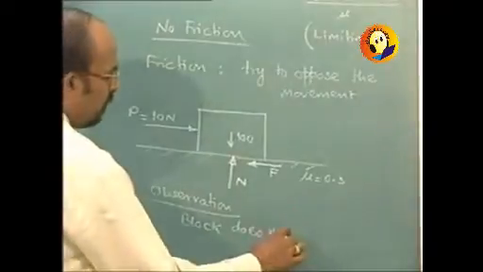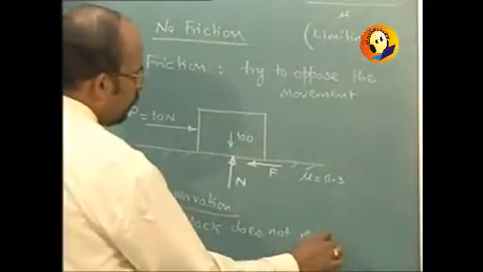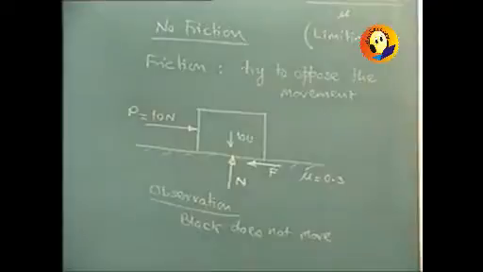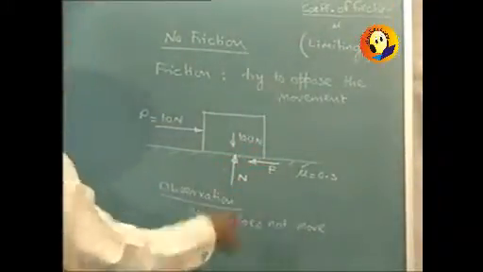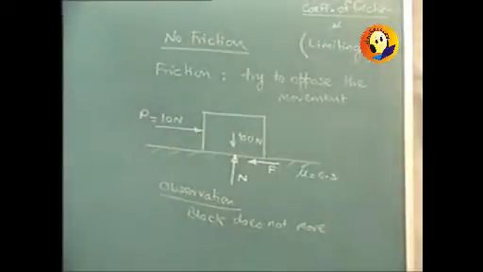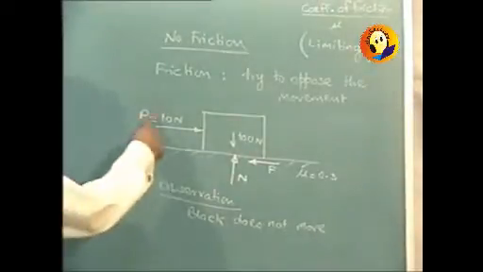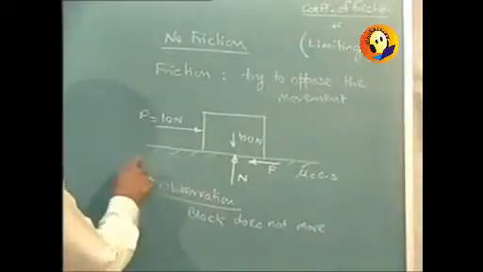Though we have applied the force of 10 newtons to this block of 100 newtons, which is kept on a surface where the coefficient of friction is 0.3, after the application of force, we find that the block does not move.